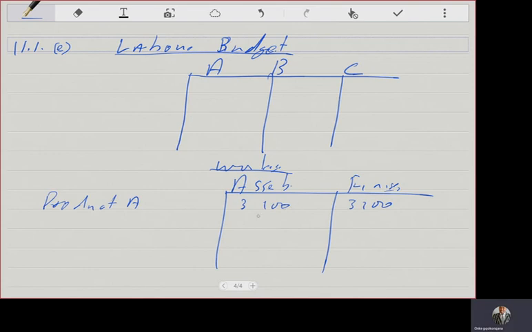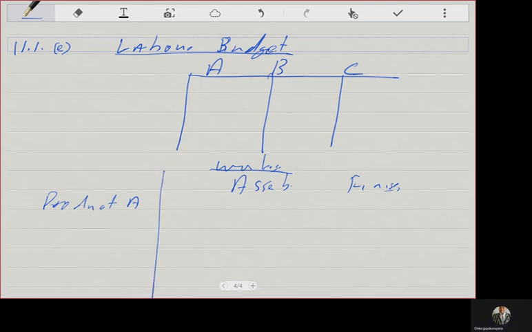Then you simply multiply this. I need to open up the space a little bit more because I'm trying to save our space as much as we can. All right, then this will be fine. So we said that for product A, we've got just 3,100.